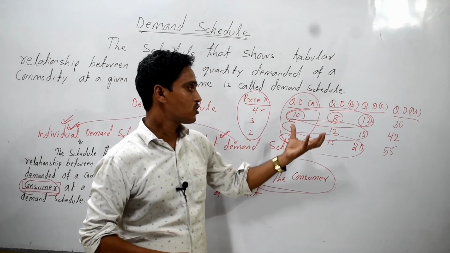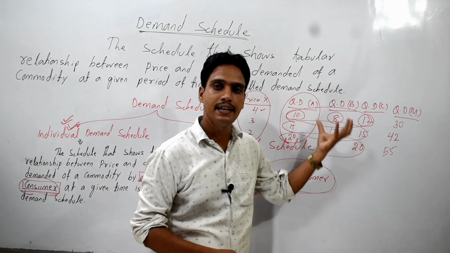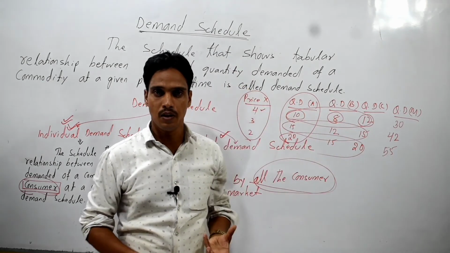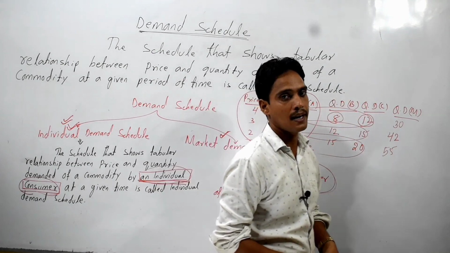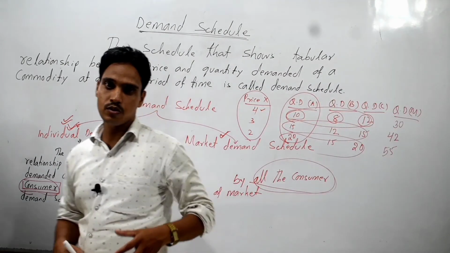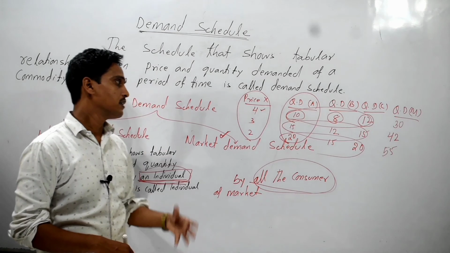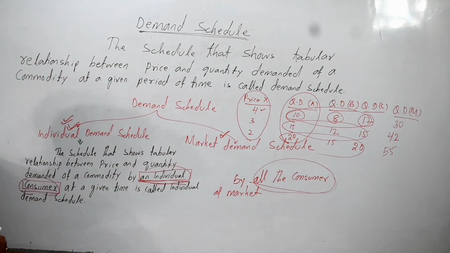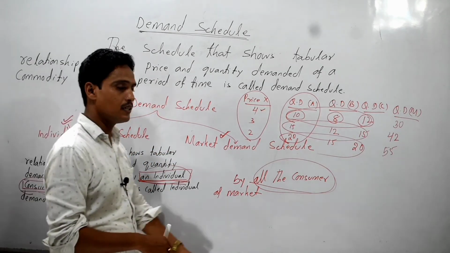That means the sum total of quantity demanded of all the consumers is shown in the market demand schedule. So it is all about the individual demand schedule and market demand schedule. Thank you.